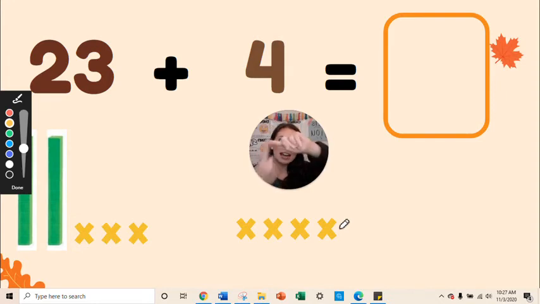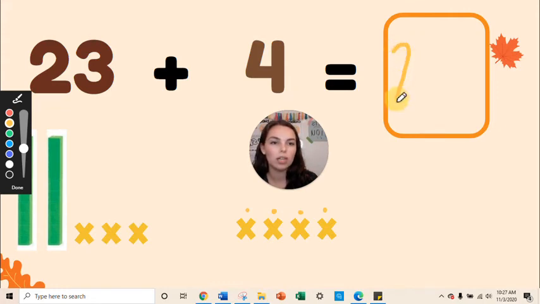And then when we're adding, we're going to count them all together. So I already know this is 23, right? So let's make it easier on ourselves. 23, 24, we can just count on. 25, 26, 27. So that equals 27. That would be your answer to that one.